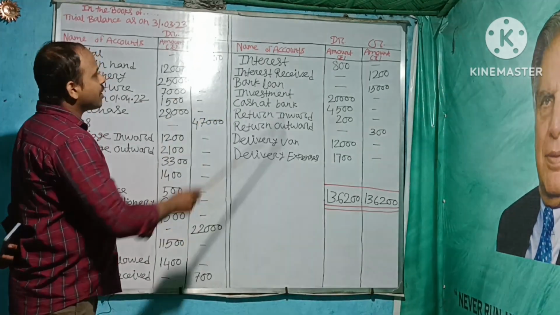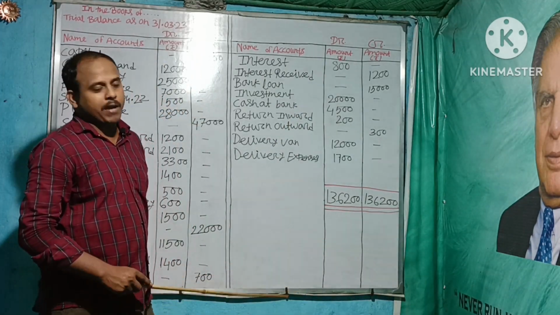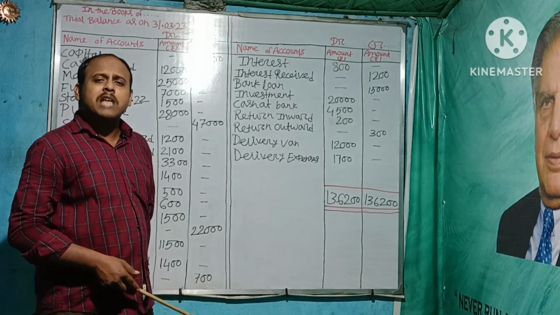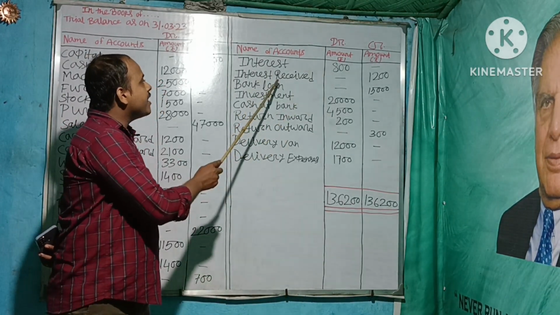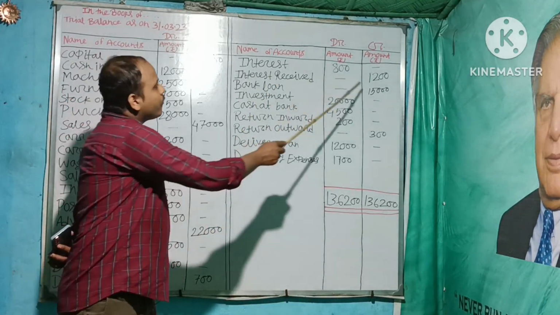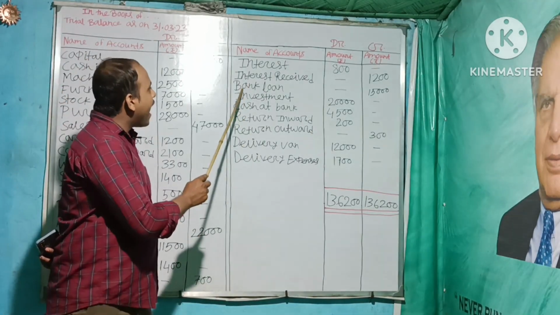Next, this is the continuation part. Interest 800. This is also a debit balance, because if we pay interest, it is an expense from our point of view. For that reason, interest paid is always debited. Next, interest received. This is our income. Income is always credited. For that reason, 1,200 credit balance. Bank loan.